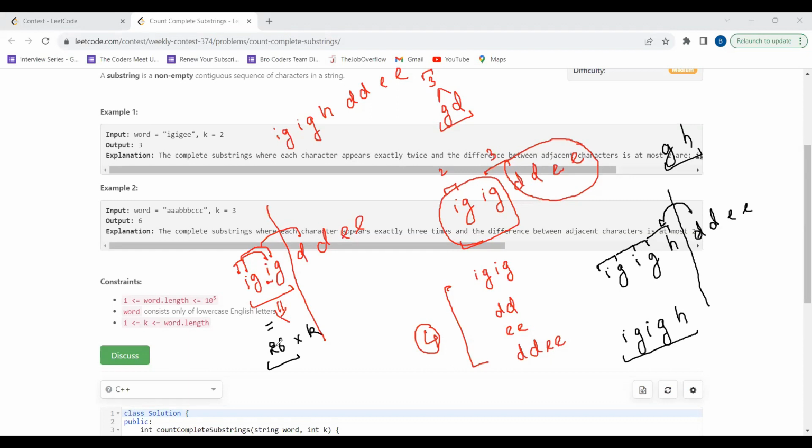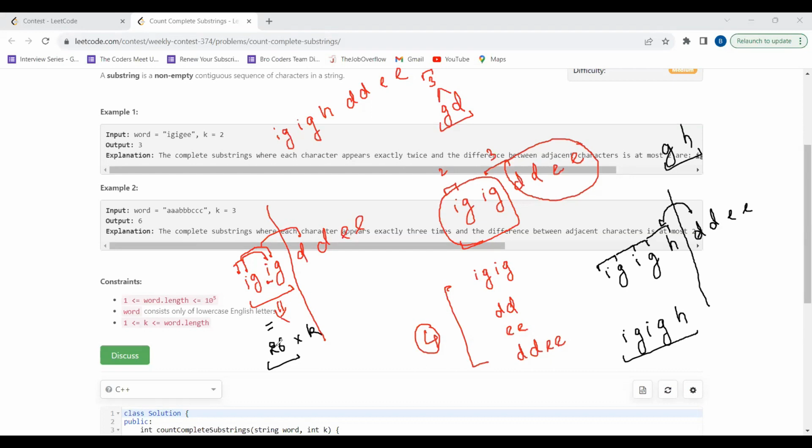Is it clear? Okay. So this is the longest complete word we can have: 26 into k.